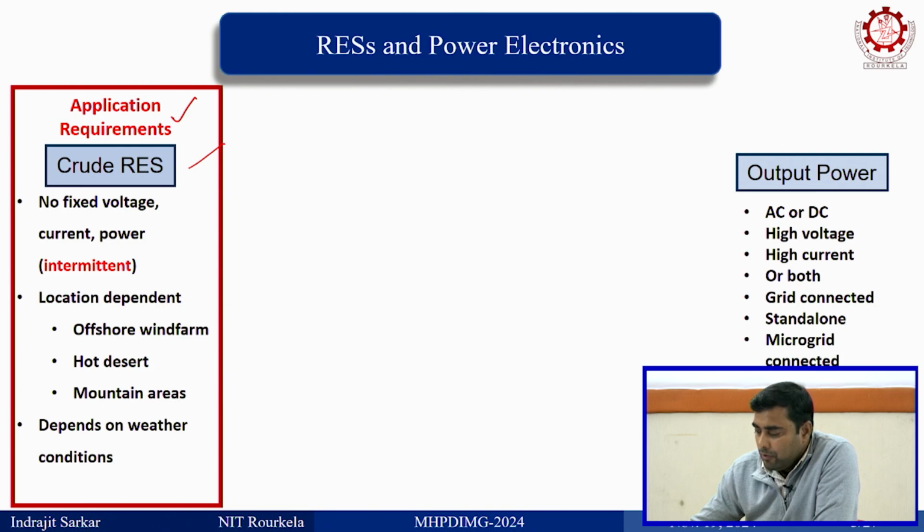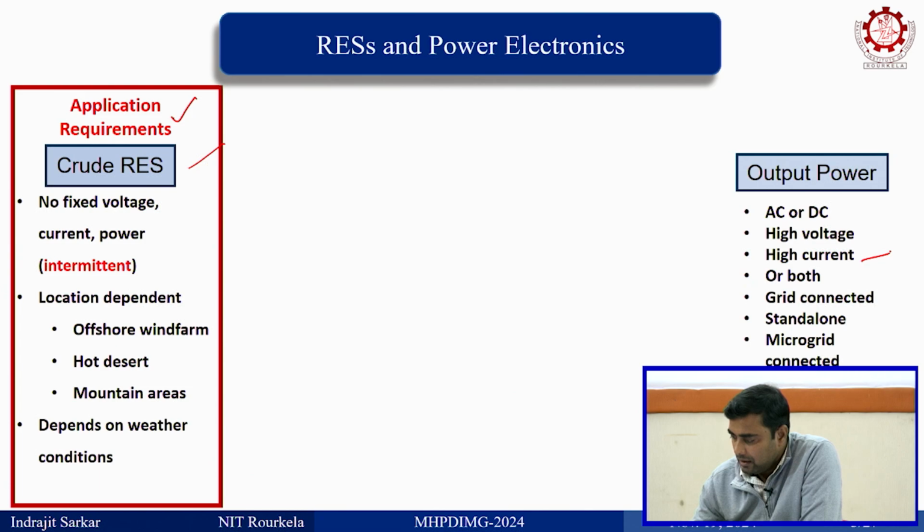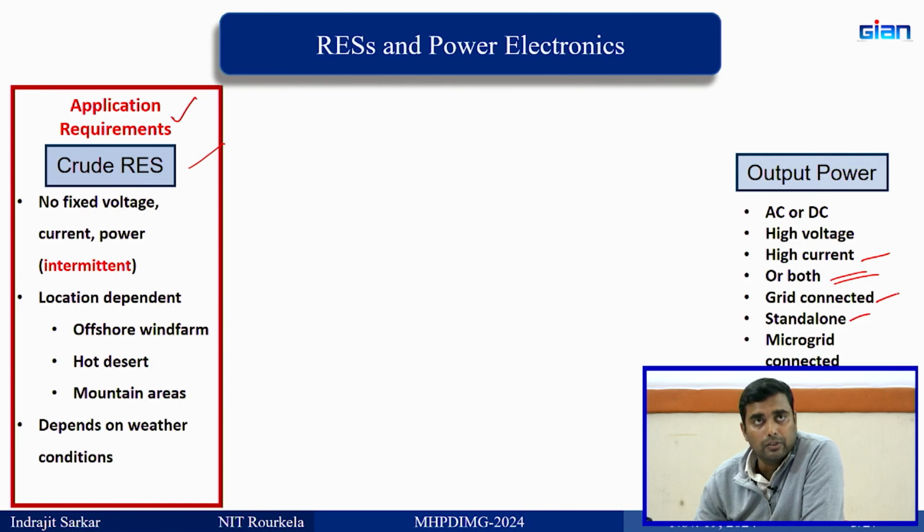Then the voltage levels will be different, high voltage and low voltage. High current applications are also there. There are motor drive applications where you need higher current, or you need both high voltage and high current for high power applications. It could be standalone or grid connected as well.